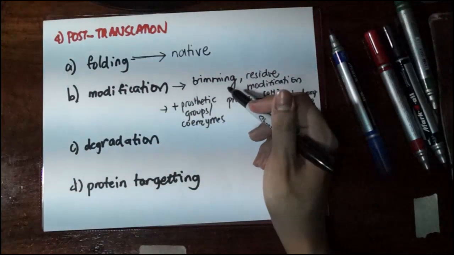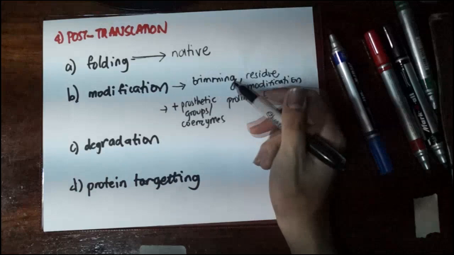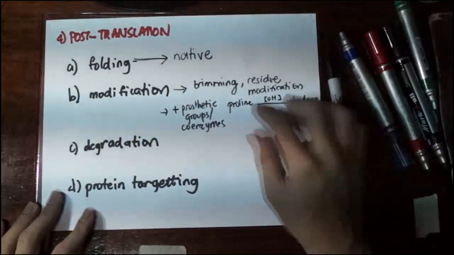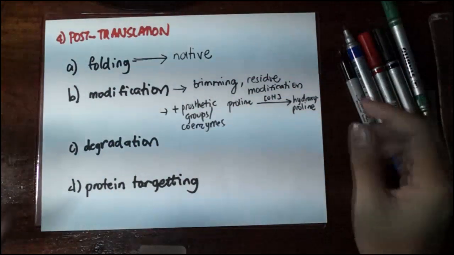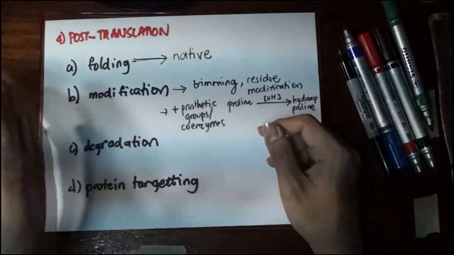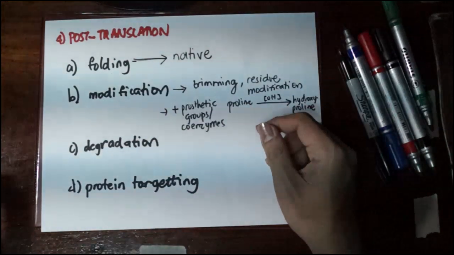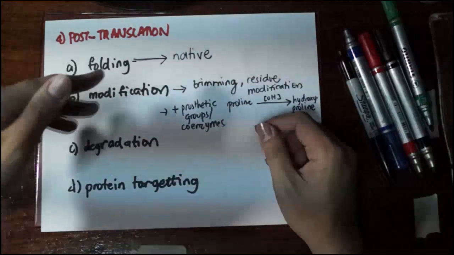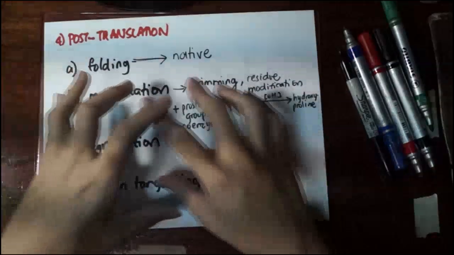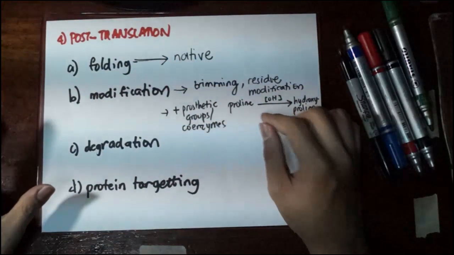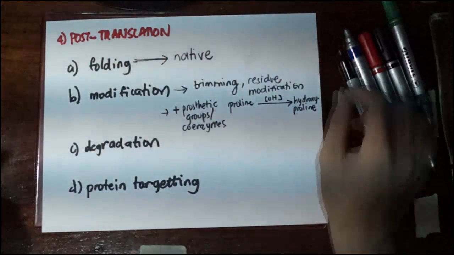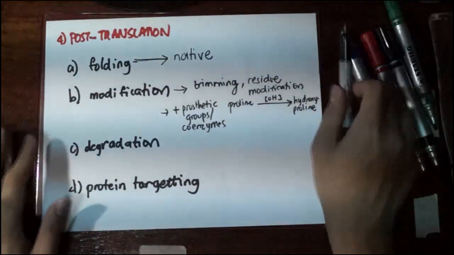But what if the protein is not really the one that you got? It was coded for by the right mRNA, all the codons were correct, but the amino acids were just wrong. The protein was wrong as a whole and it has to be destroyed. Well, there is also a path to degradation. There are several.